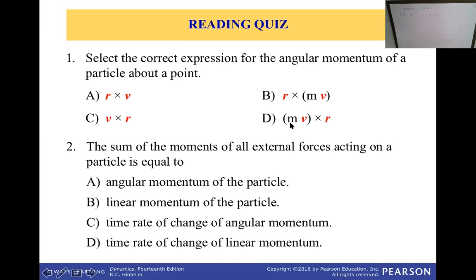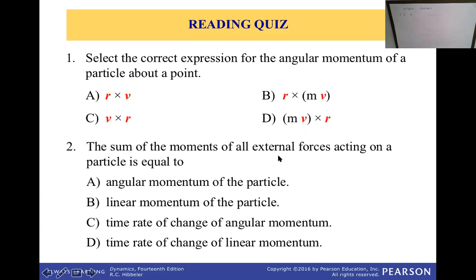If you do it the other way around, that quantity cross R, then it's the negative of that one. So these two expressions may look the same mathematically, but in vector multiplication one gives the negative of the other. So B and D are not the same.